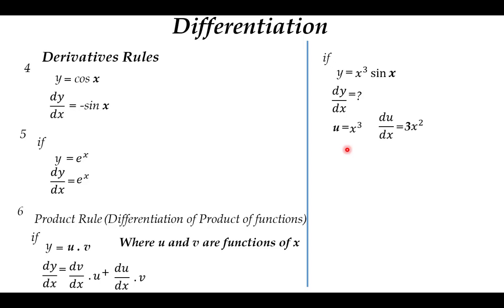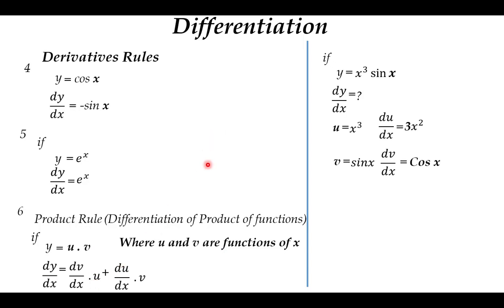And then v is going to be equal to sine x. And dv/dx is going to be equal to, from our third rule, cos x. Good.